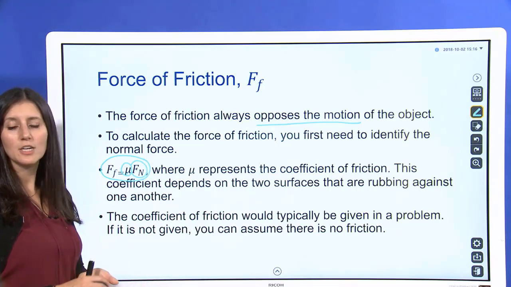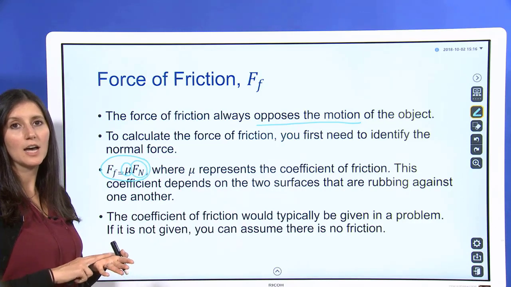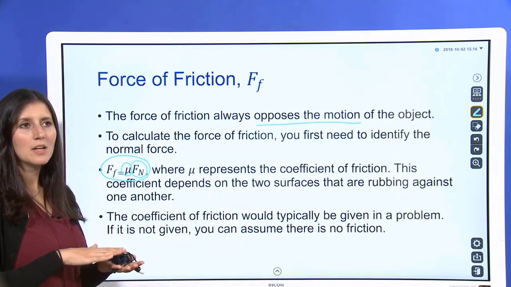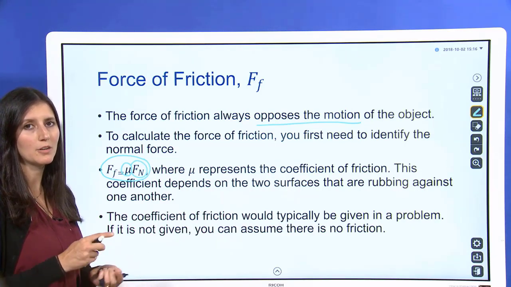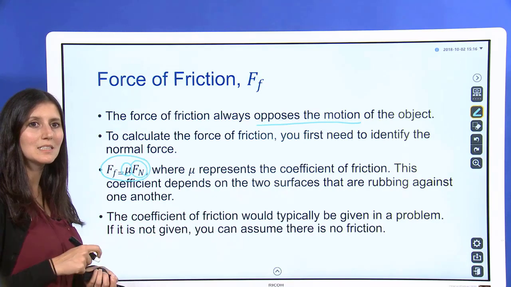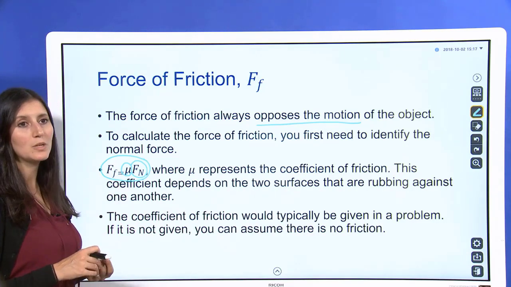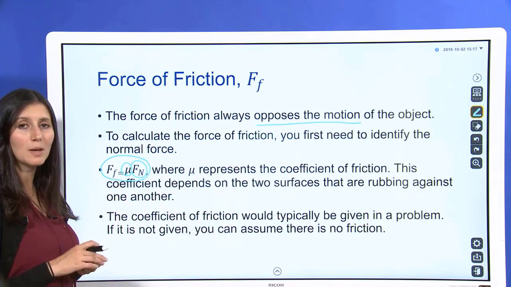So let's say I have a hockey puck and I'm sliding it across a sheet of ice. When I'm sliding it across, the two surfaces are relatively smooth compared to one another. So when I slide it, it's really easy to slide it across. So the coefficient of friction between a hockey puck and ice would be pretty low, a pretty small number.